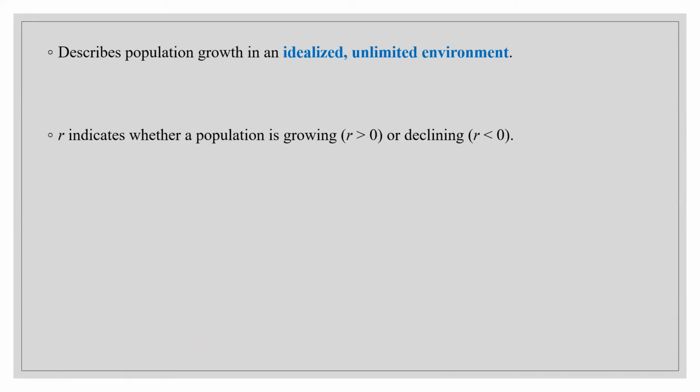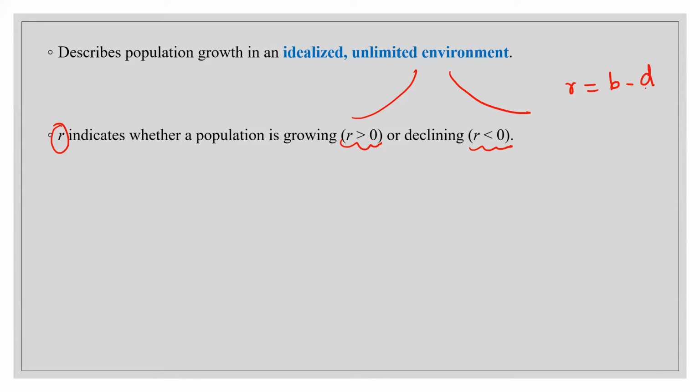But just see that something we observed over here is that when r is greater than 0, our population is growing. When r is less than 0, if we take r as negative, then we will see that our population will decline exponentially. That means that when our death rate is greater, r is basically what? Birth minus death.